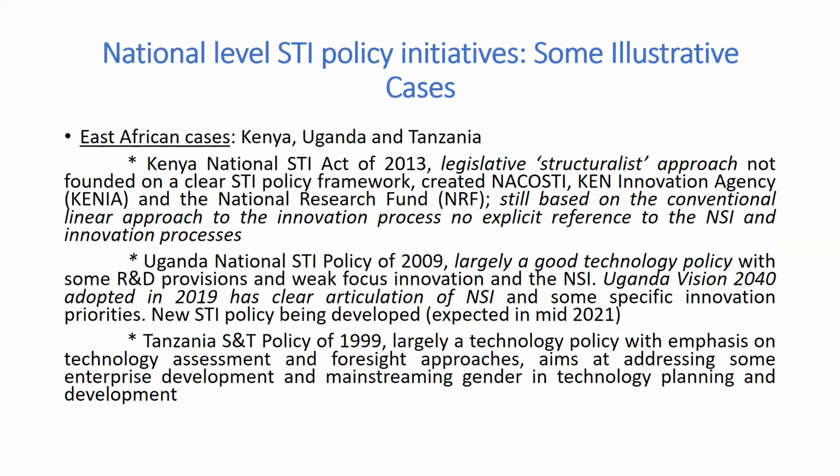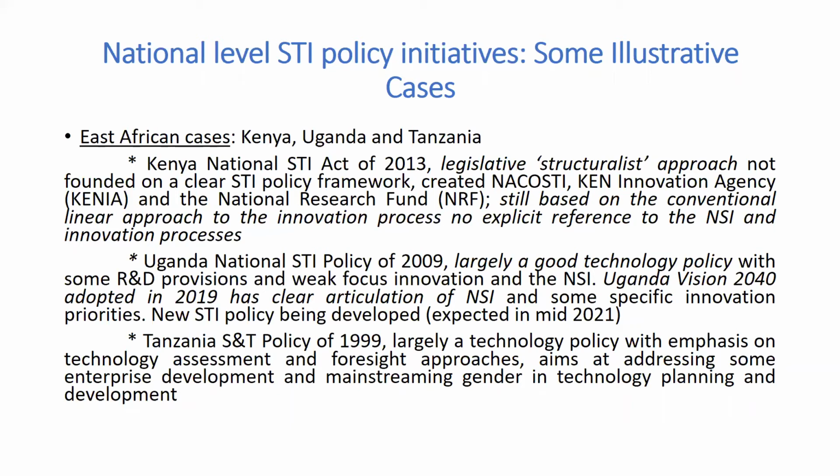So, a number of illustrative cases. I've had some of these, and they are from the regions where I know better. In Kenya, you have the National Science, Technology and Innovation Act of 2013. Kenya is an interesting case where you have legislation before policy.